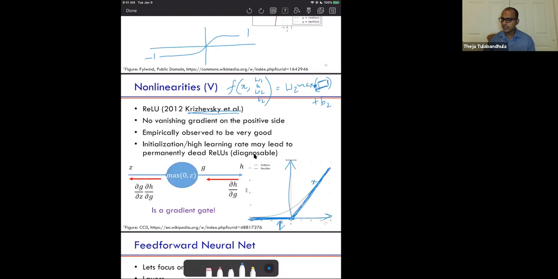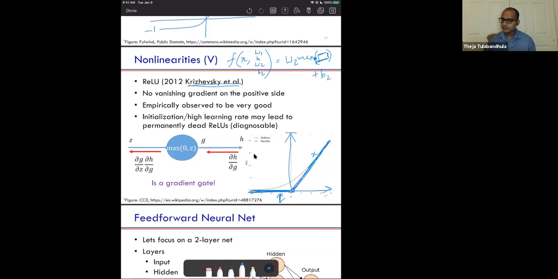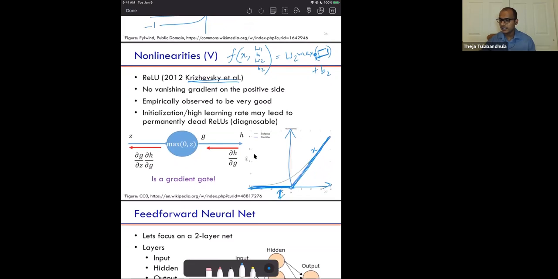So that's a rectified linear unit, and essentially what you can think of is this. If my input is positive, then consider the backprop step, where somewhere I use this nonlinearity as a computational node.